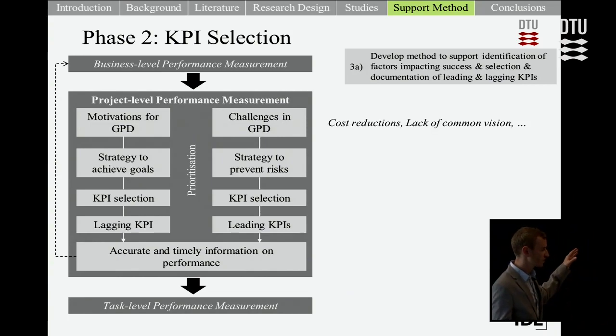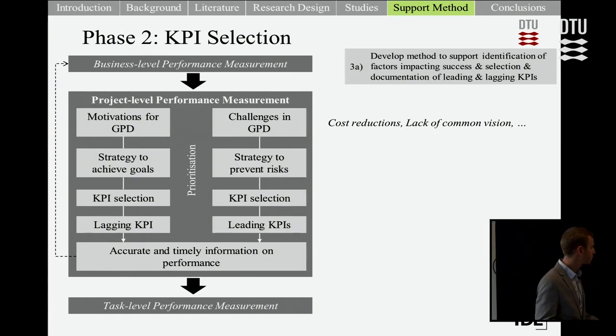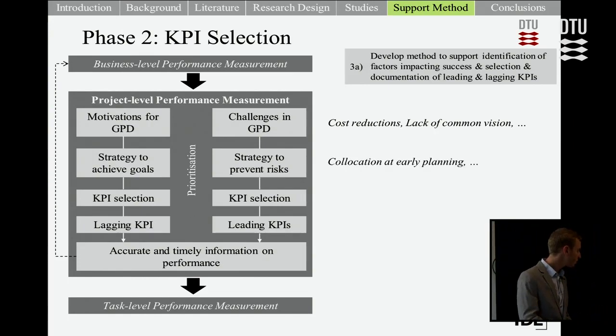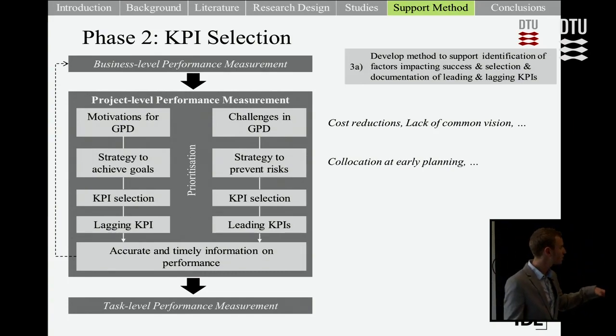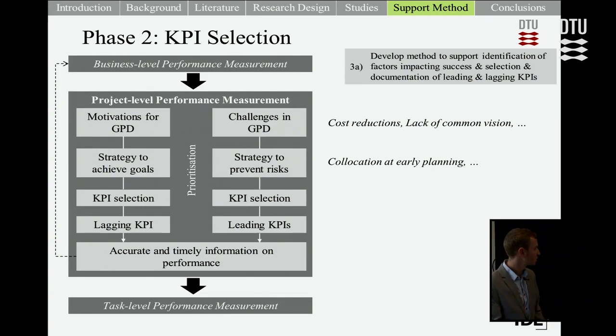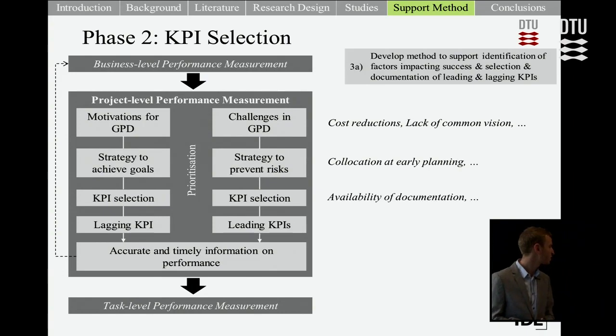And here we use some of the motivations and challenges identified in the studies and also from literature to help with this process. Then secondly, we identify key strategies to achieve some of the motivations or the goals, and also strategies to prevent or minimize the risk as a result of the challenges. And some of the strategies here are taken from the empirical studies, such as co-locating the GPD team in the early planning stages.